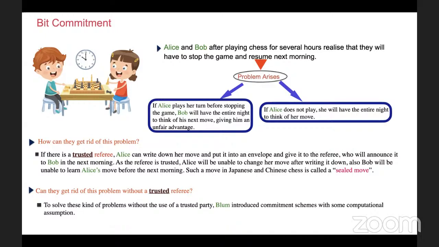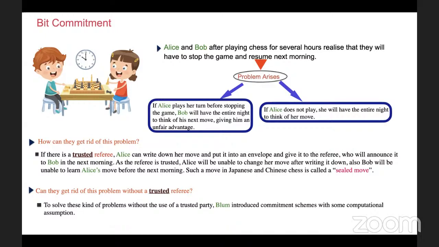One solution is a trusted referee, wherein Alice can write down her next step, put it into an envelope and give it to the referee, who may announce it the next morning.